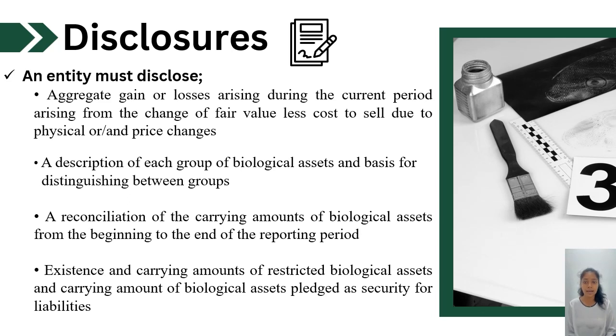The last point on the general disclosure is that we should disclose the existence and the carrying value of biological assets where the title is restricted, and also the biological assets which are pledged as securities.